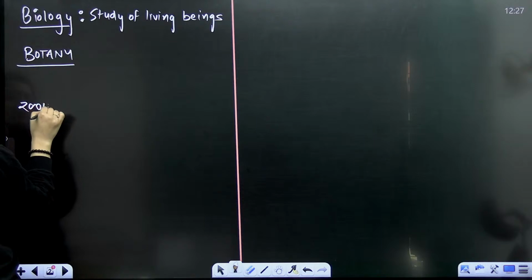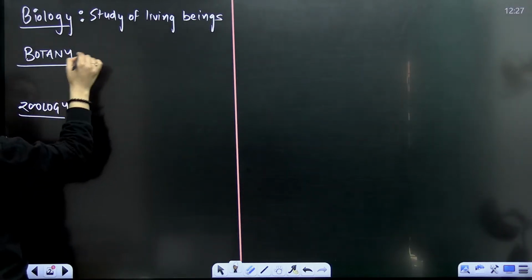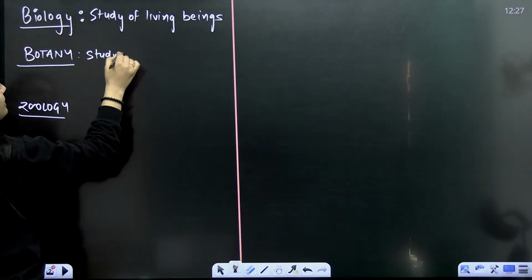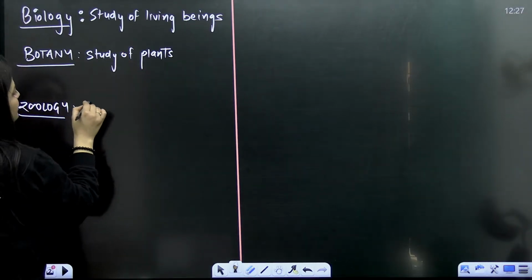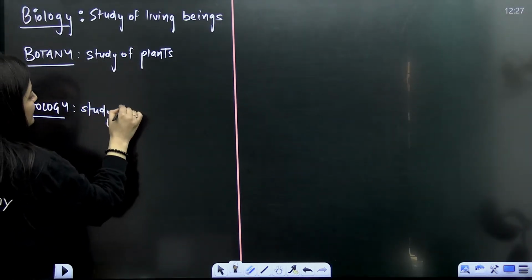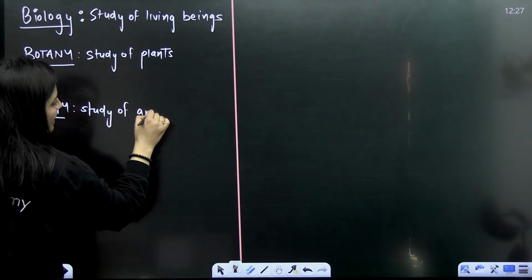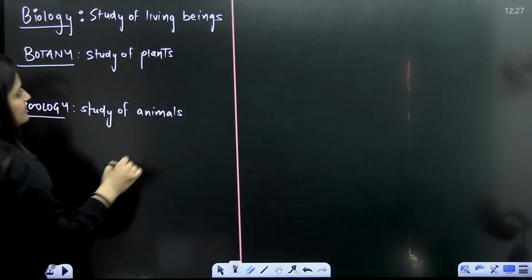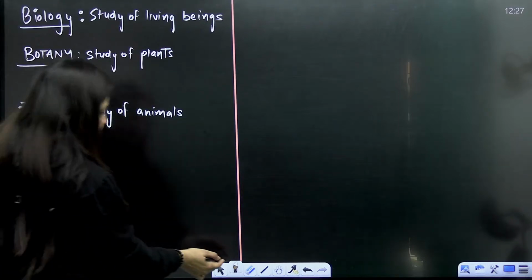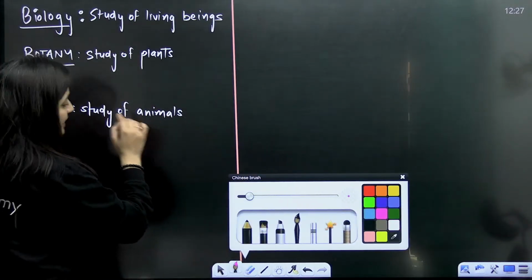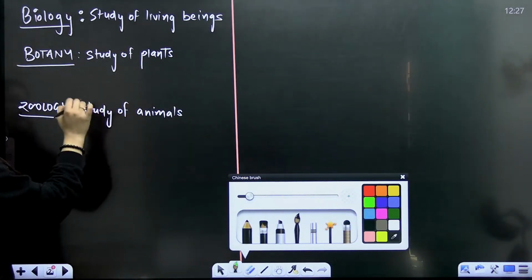Botany is the branch of biology which deals with the study of plants, and zoology is the branch of biology that deals with the study of animals. Are you getting my point? One is the study of plants, another is the study of animals.